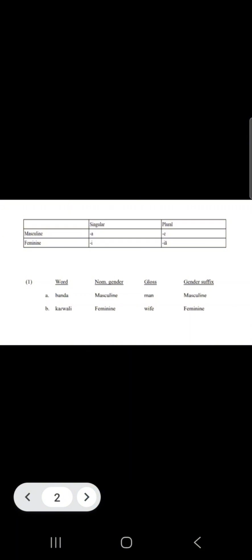And for the more feminine example would be wife, which is garwali in Punjabi, and that I gives it that femininity, as well as it being singular, whereas garwaliya, with that ending iya, would make it a group of wives.